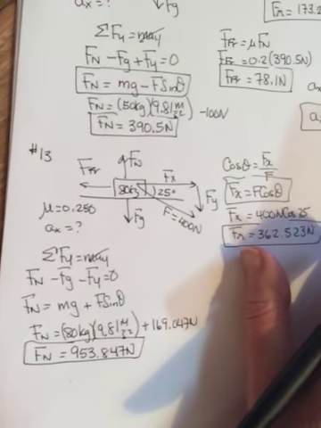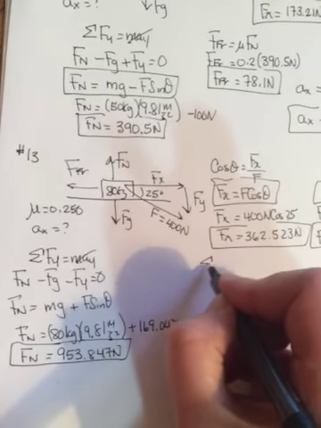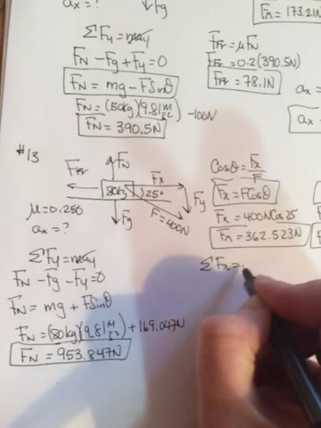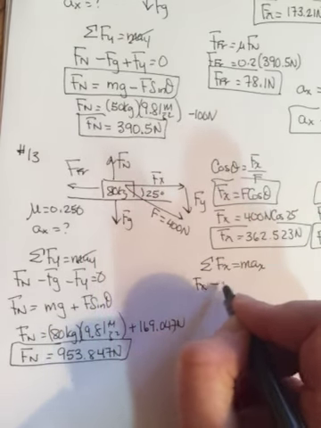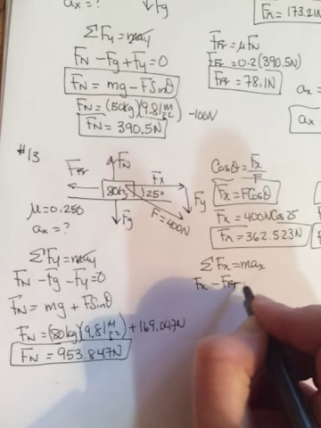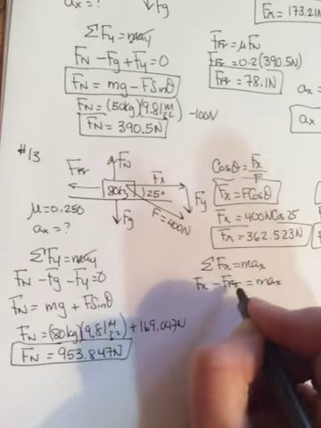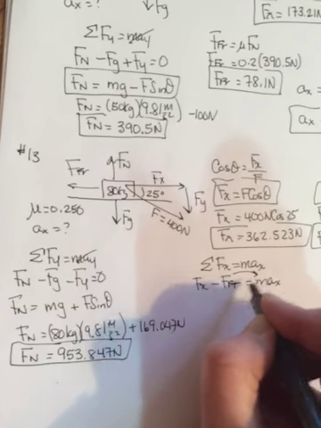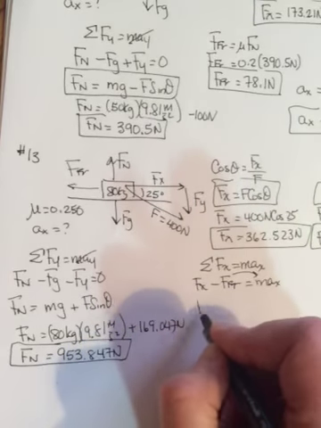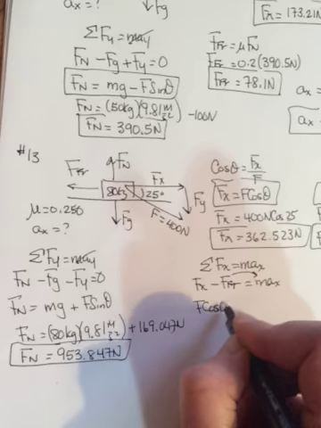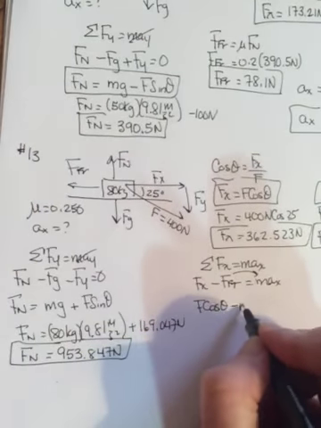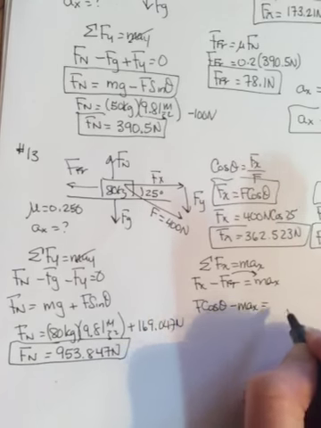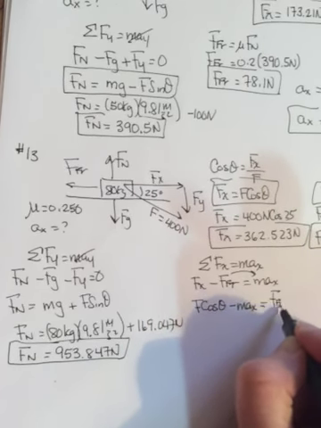So you can't do Ffr equals mu Fn, but you can do sum of the forces in the x direction. In the x direction, we have Fx minus friction equals max. And we don't know friction. So you can bring it over to that side. So this will be F cos theta minus max equals friction.